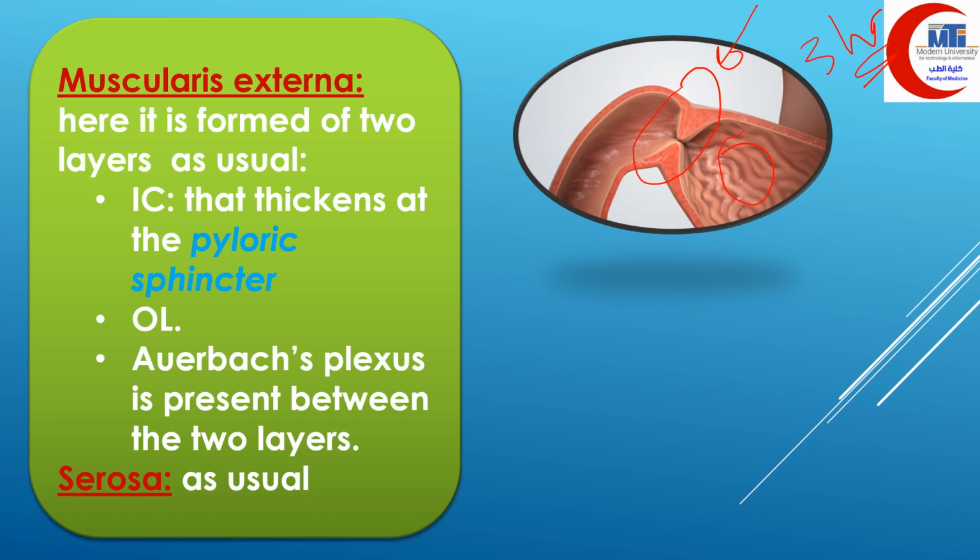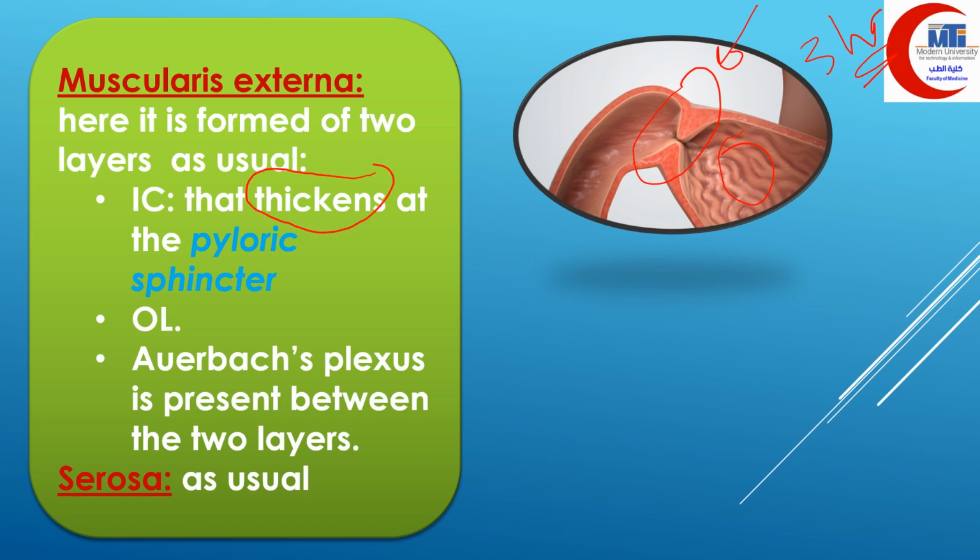So the main target of the pylorus is to close the opening for the swallowed food to pass into the small intestine. So here, muscularis externa will be formed as usual of inner circular and outer longitudinal. But here, the inner circular will be more thickened. Why?